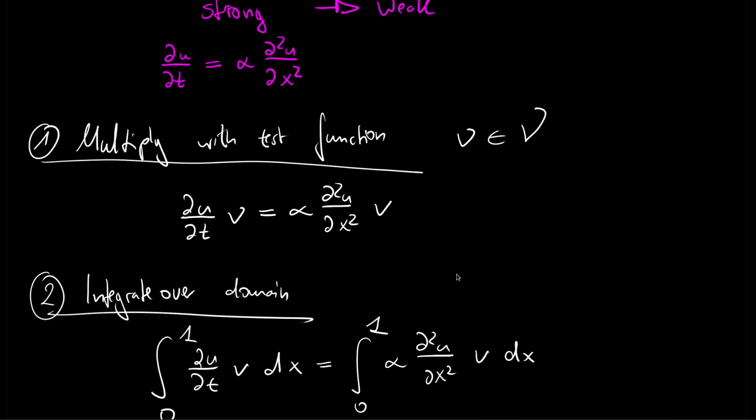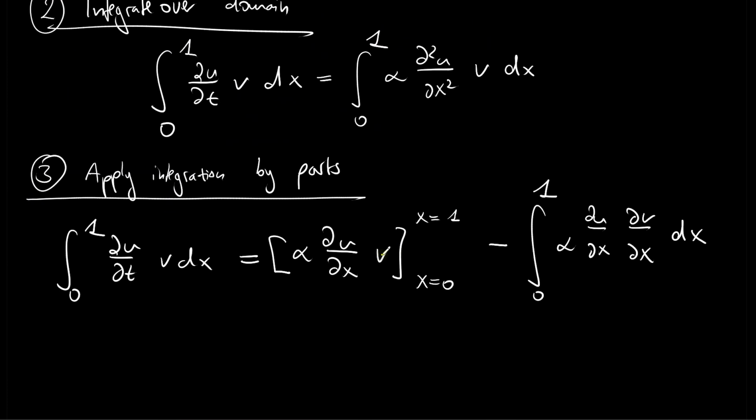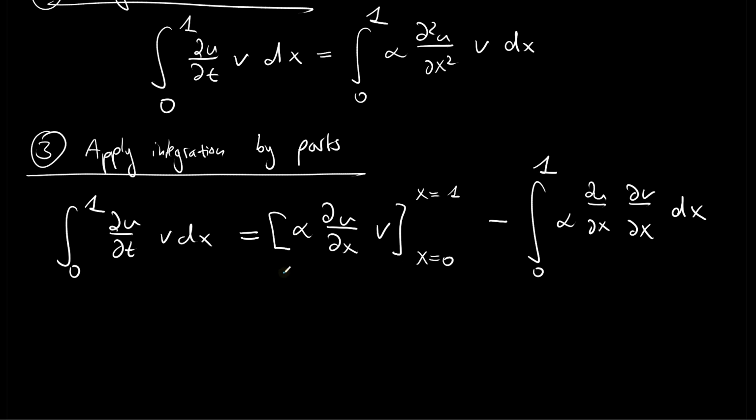Okay, and the big point now is if those functions v adhere to the boundary condition, then of course the boundary evaluation of them will be 0. And if we multiply them with something, 0 multiplied with something will just give 0, and therefore this boundary evaluation term will be 0. Okay, let's note that down.